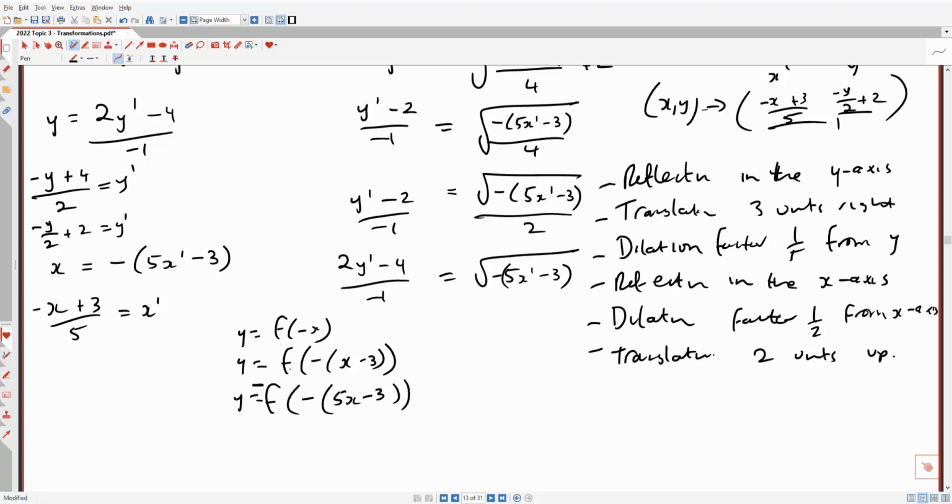Dilation factor half from the x-axis gives negative 1/2 f of negative (5x - 3). And translation 2 units up, I'm just going to tack onto the end as well, plus 2. So if I define a function f of x and do all of this stuff to it, it should create my new function. Let's see if it works.